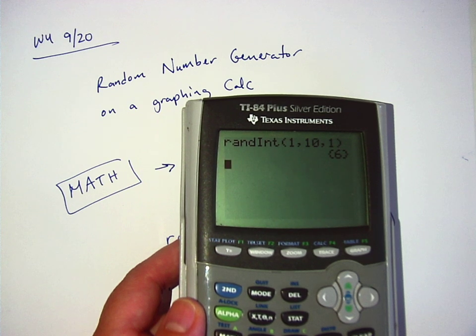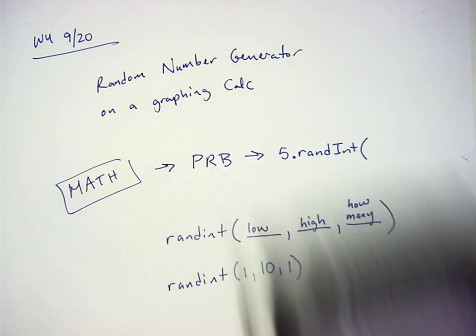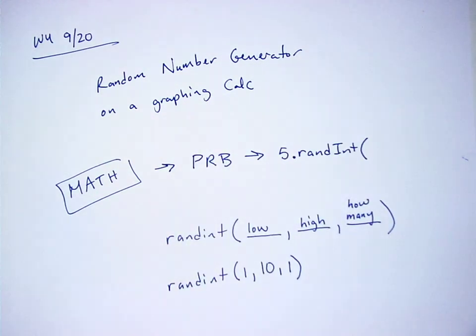Wait. Callie, would you help her? Yeah. What'd you get? 3. And then go over to this one. And then go down like this. And then click enter. Have her type it in herself, Callie.